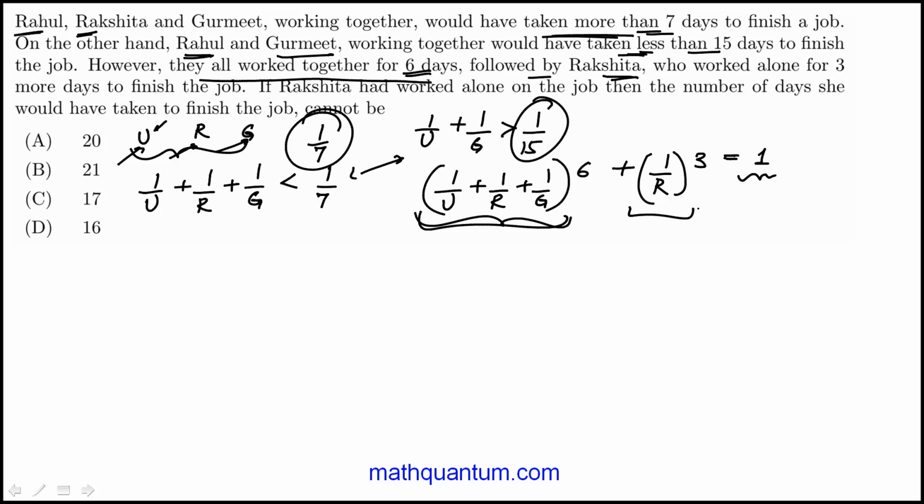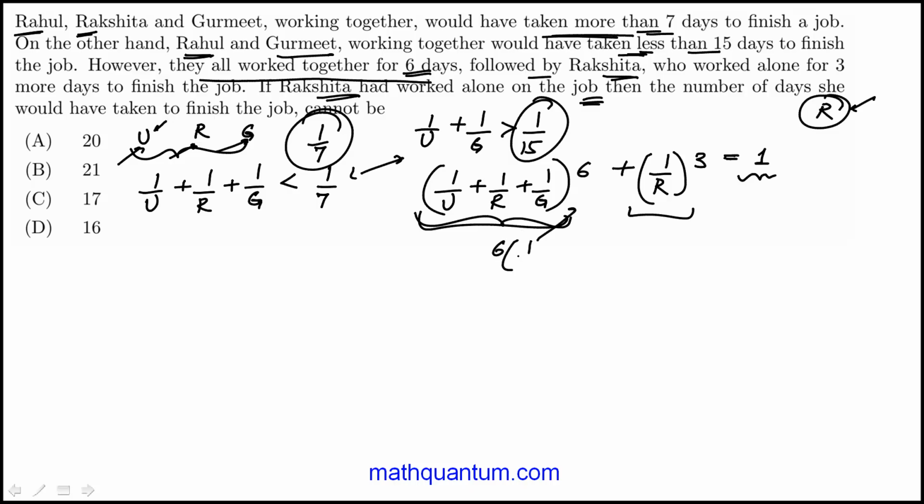So these are the 3 equations we need for this question, and then we need to figure out the time it takes Rakshita to do the job alone, meaning our interest is in this variable R. So we'll simplify this equation first.